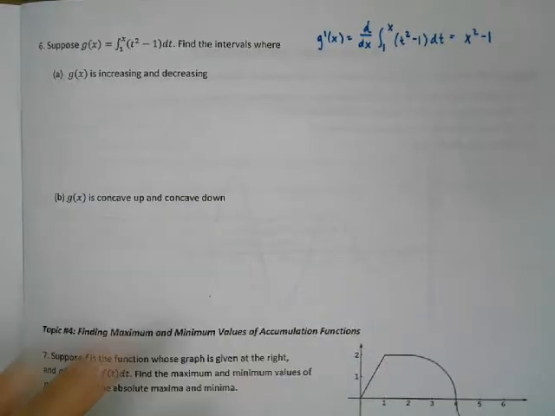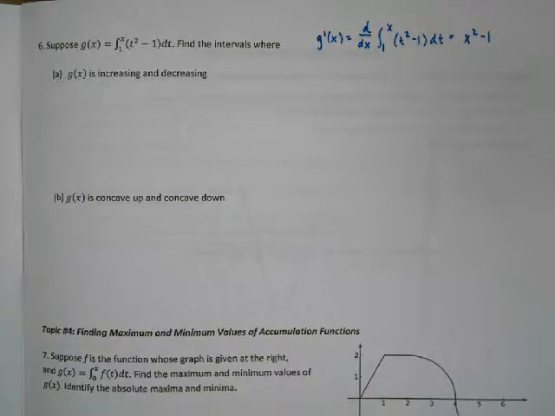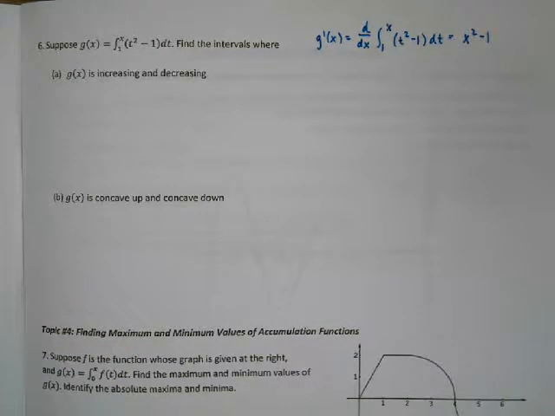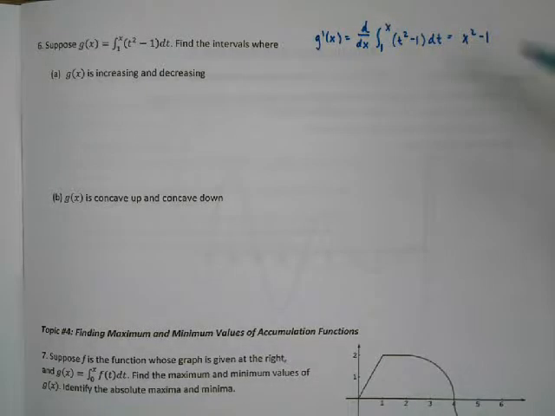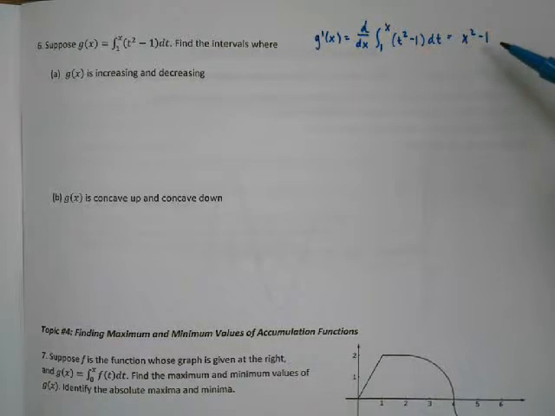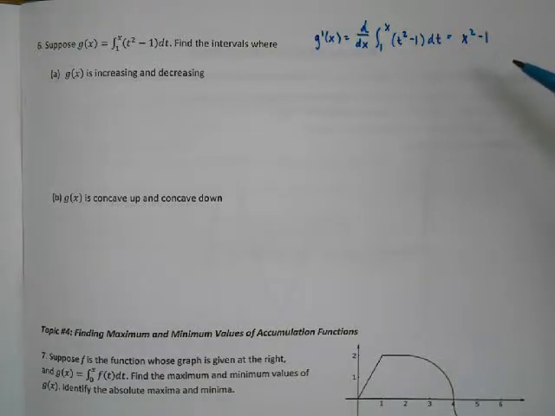Now we have to decide where this is positive and negative. So this is back to where we were before, where we have to find the critical points, make our table, and then do an analysis to determine where g prime is positive and negative.